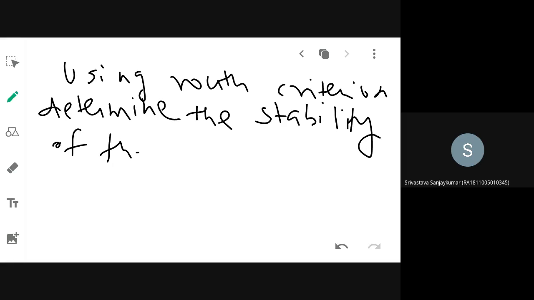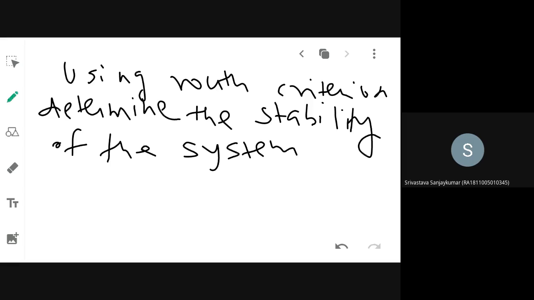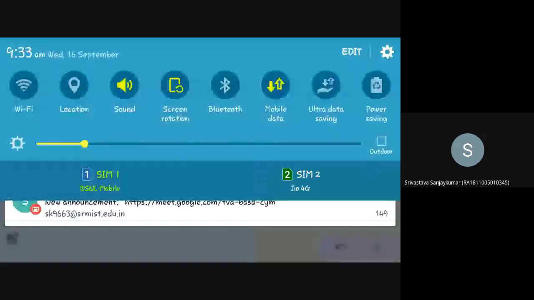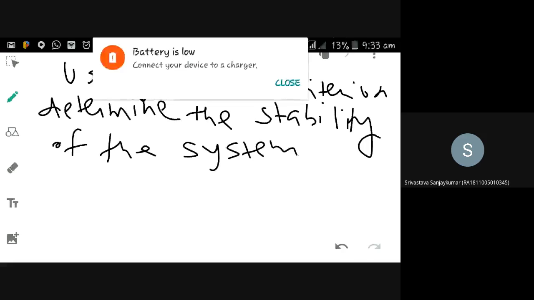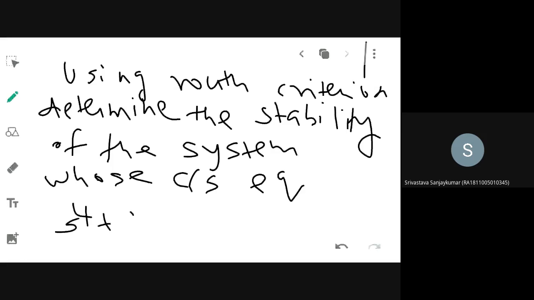This is a problem that I am writing. s to the power 4 plus 8s cube plus 18s square plus 16s minus 5 is equal to 0.